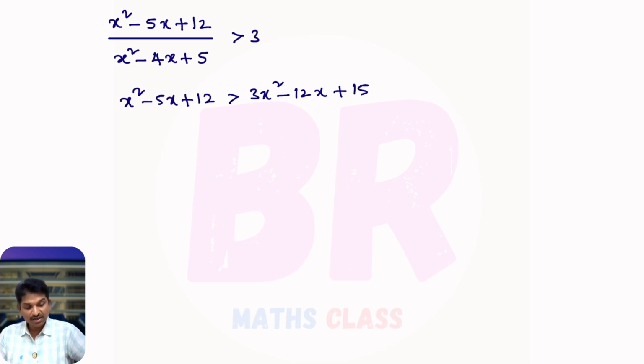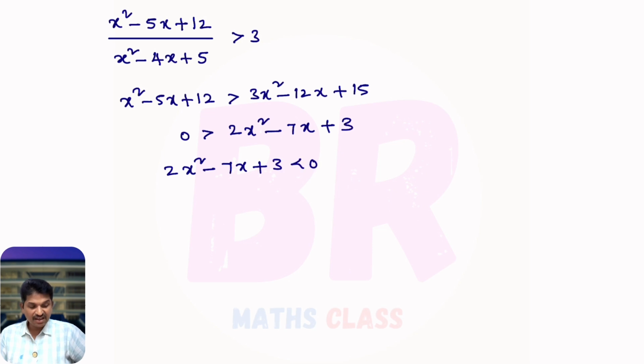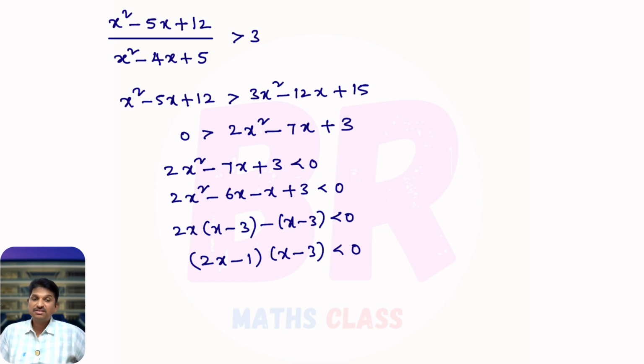Do one thing, you take all these terms to this side. 0 is greater than 3x square minus x square, 2x square, minus 12x plus 5x, that is minus 7x, plus 15 minus 12 plus 3. This you can write like this, 2x square minus 7x plus 3 less than 0. Split the middle term, 2x minus 1 into x minus 3 less than 0.